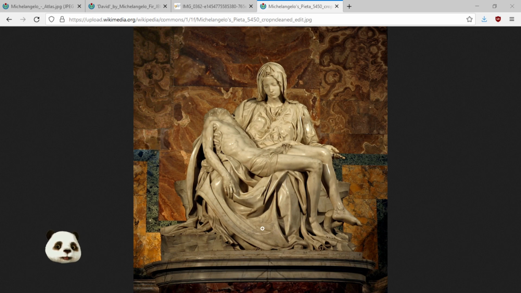Even if we look at this, we clearly see something very wrong here. Jesus in this image is very small, very frail, way smaller than the mother. And this is intentional.